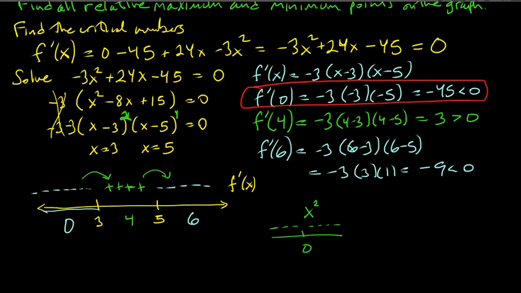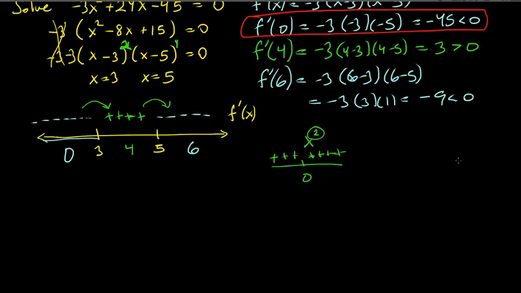Now I'm forgetting. I think it was a positive and a positive, wasn't it? Let me go back. Yeah, it was positive to positive. So yeah, when the exponent is even, the signs do not alternate. The signs will stay the same.